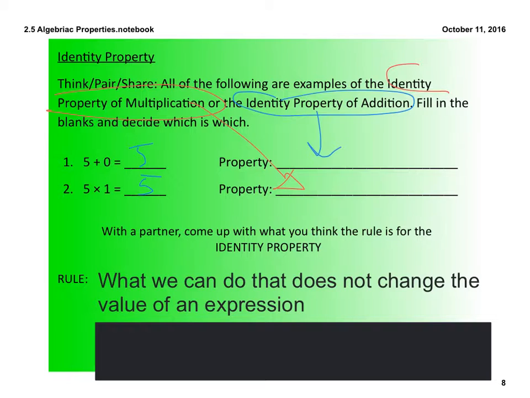Multiplying by 1 doesn't change the value of the expression. And this identity property of multiplication is something that you've been using for a very long time. Every time you change the denominator of a fraction, when you multiply the top and bottom, say by 3, what you're really doing is you're multiplying by 1. You're not changing the value, you're just changing the way that it looks.